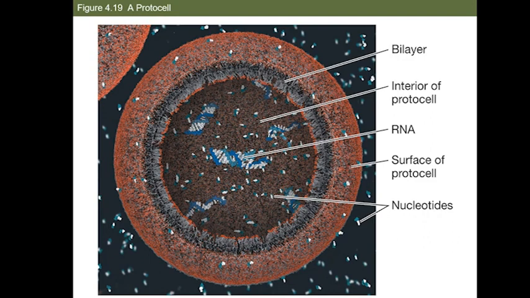Here is a picture of a protocell. You can see the RNA and the cell membrane, and then the nucleotides floating around that helped make it up. So they replicated early conditions so that these would form.